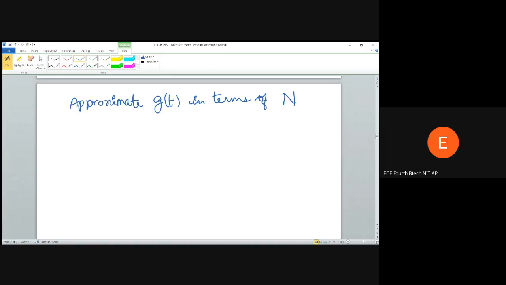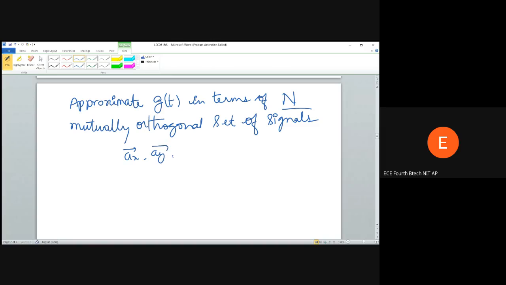Mutually orthogonal set means a set of signals. Mutually orthogonal means, if I apply the same concept as in the case of vectors ax bar, ay bar, az bar, ax and ay are orthogonal to each other, ay and az are orthogonal.